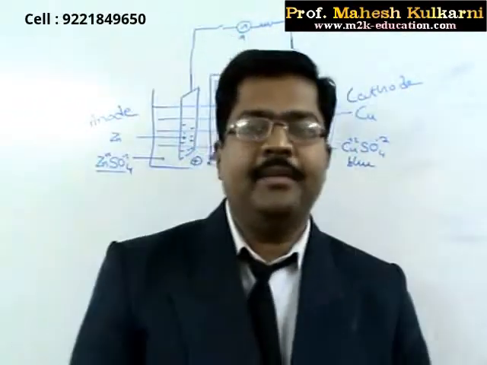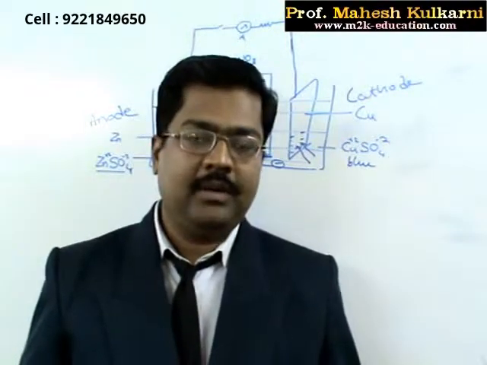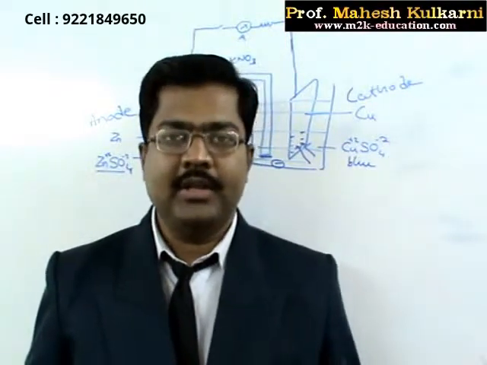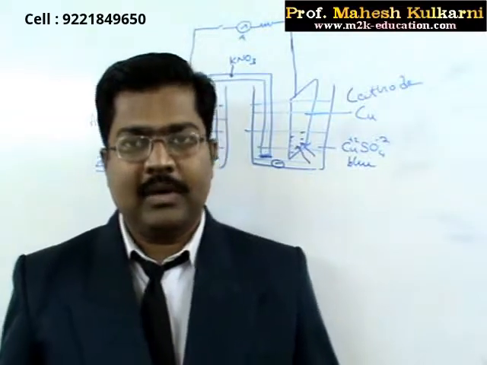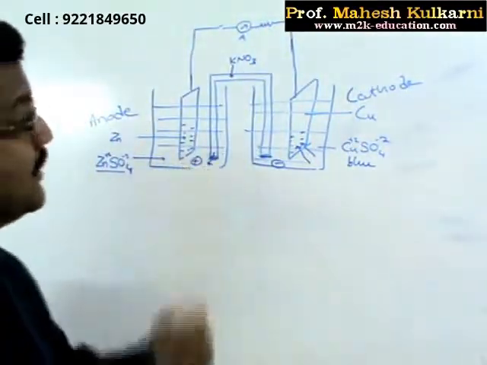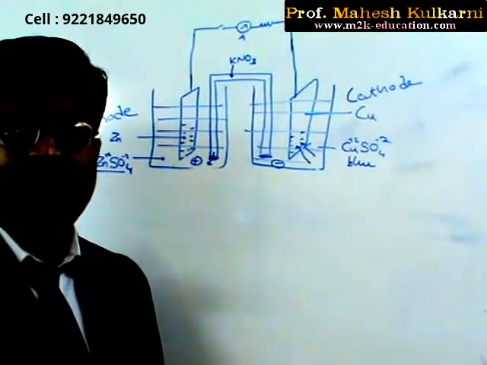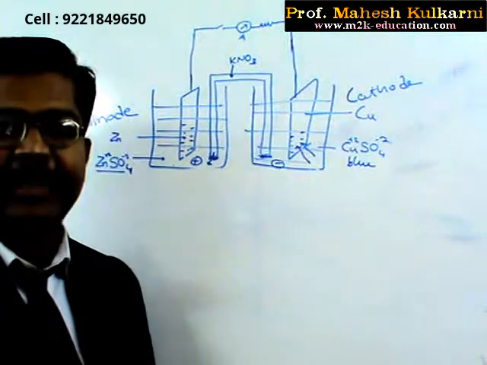Now, every time it is not possible for me to draw this type of diagram. A person who has very good drawing can draw again and again, but for scientists and persons like me whose drawing is poor, it is not possible to draw a diagram everywhere. So we write our cell in the form of some representation.